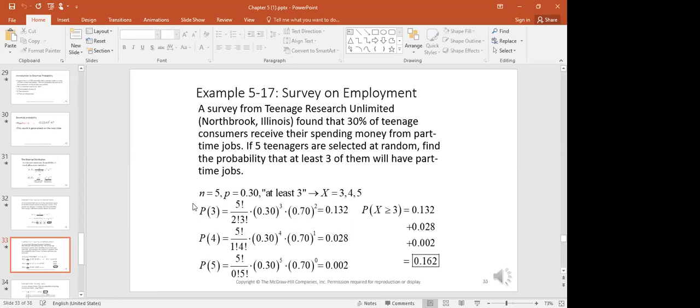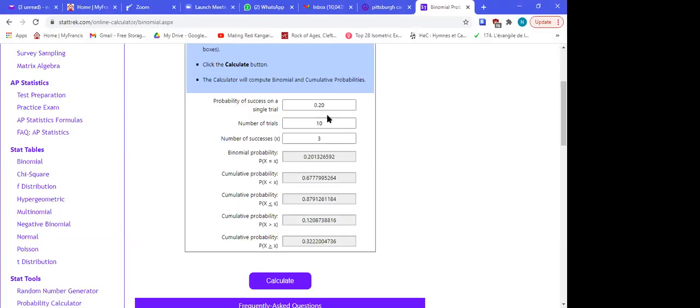Here recall that n equals 5, p equals 0.3, and we want x greater than or equal to 3. I will use the binomial distribution calculator. So we had that p is 0.3. The number of trials was 5.